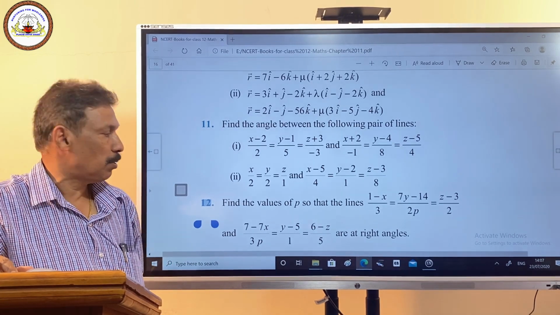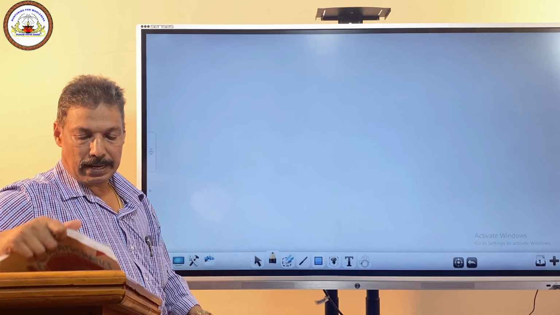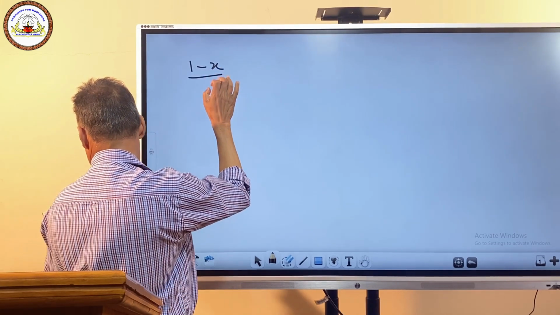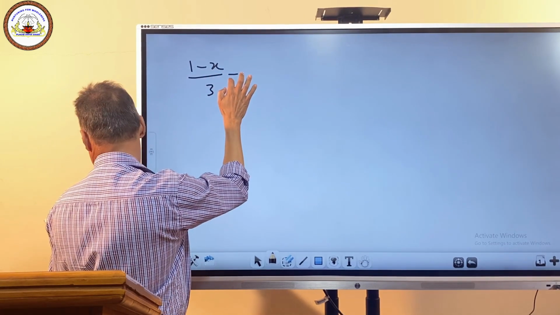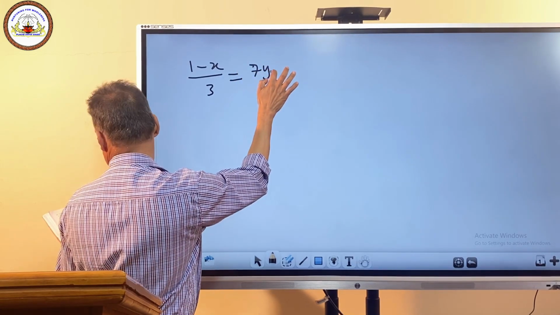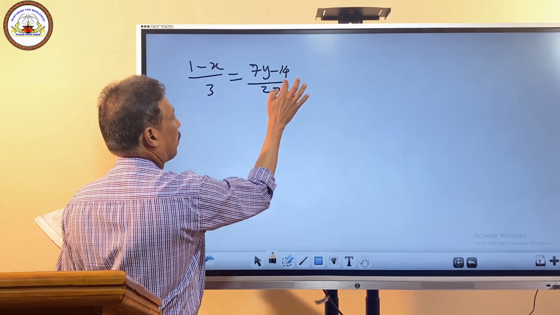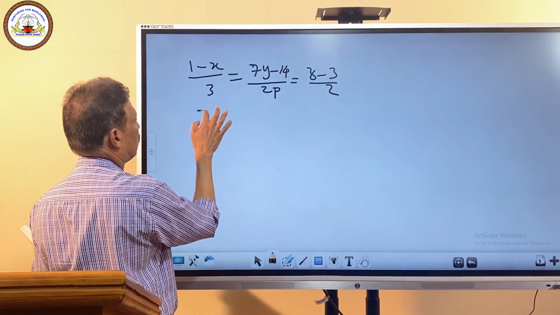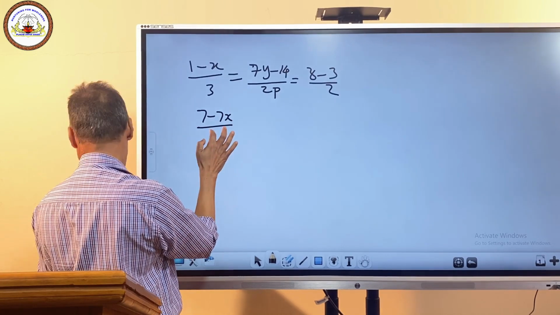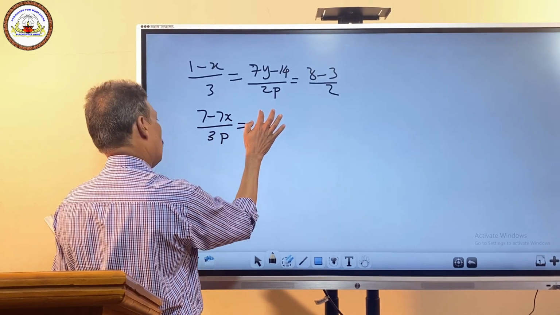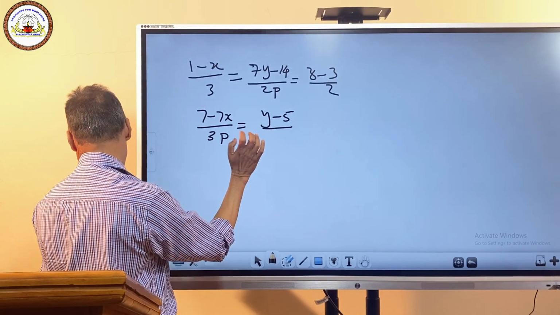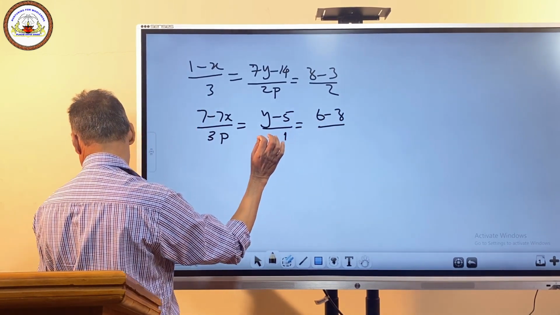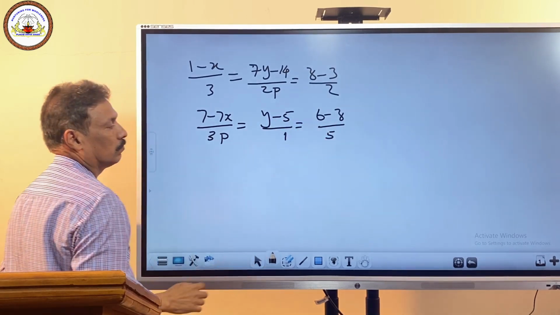Right angle means they are perpendicular. These are the given lines.